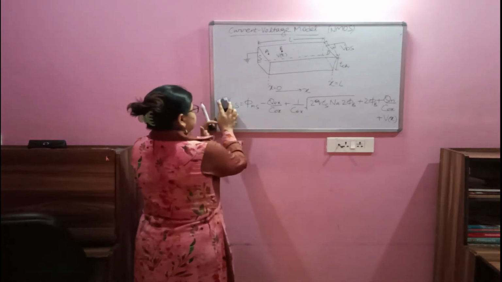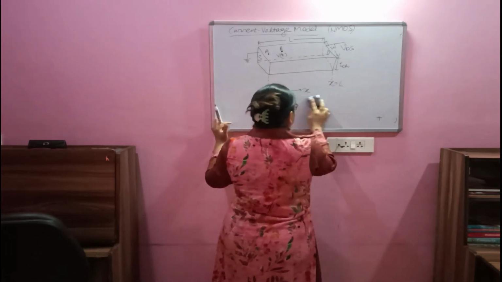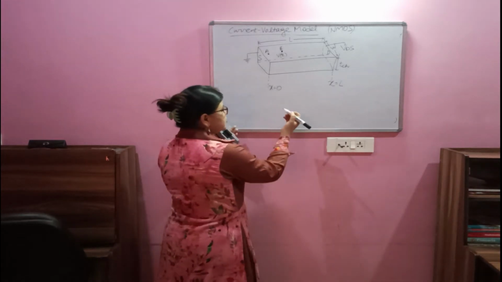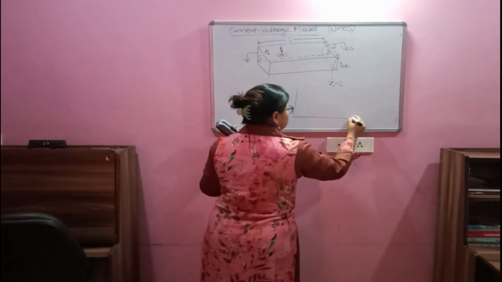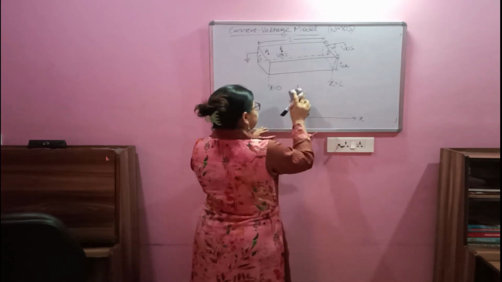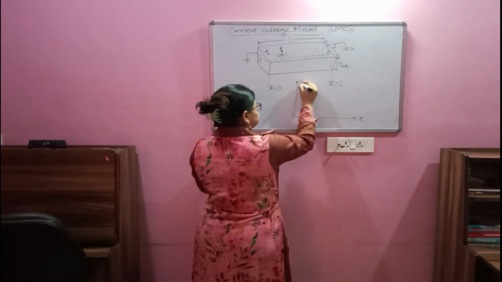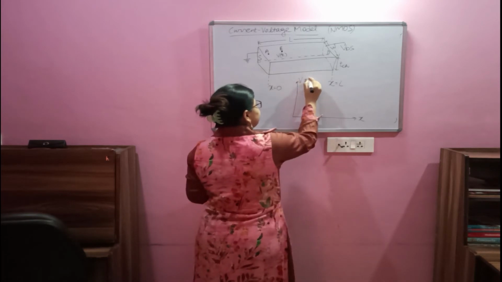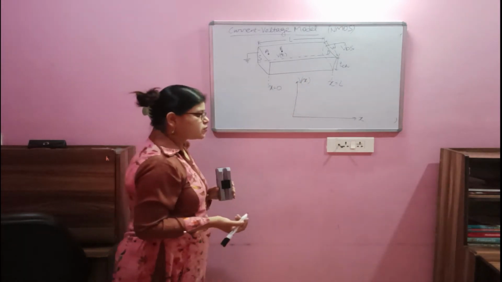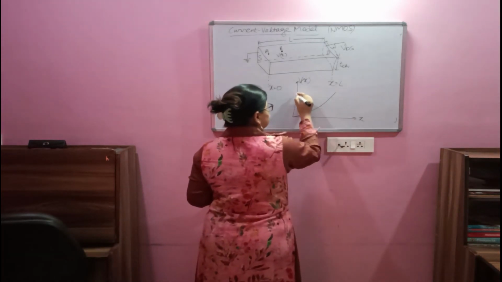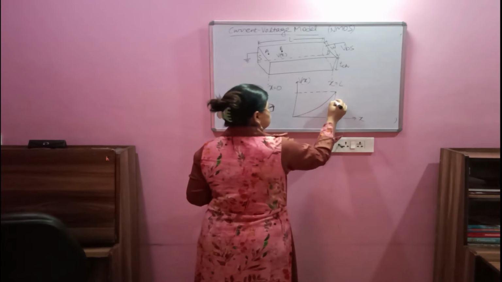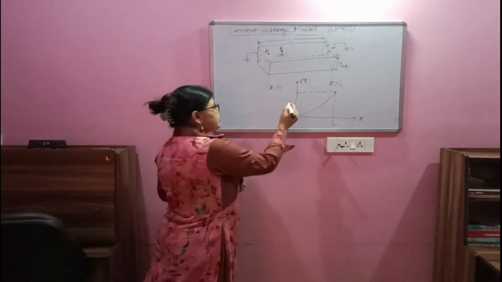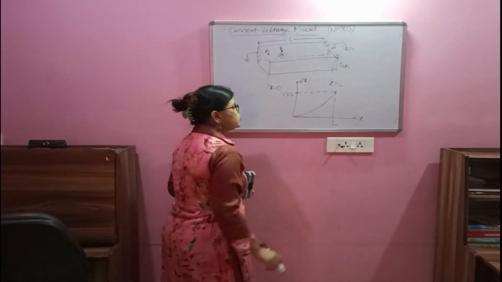Moving further, now see, if I draw a graph with respect to x and V of x, with VDS as the value at x equals L, I get this type of curve.